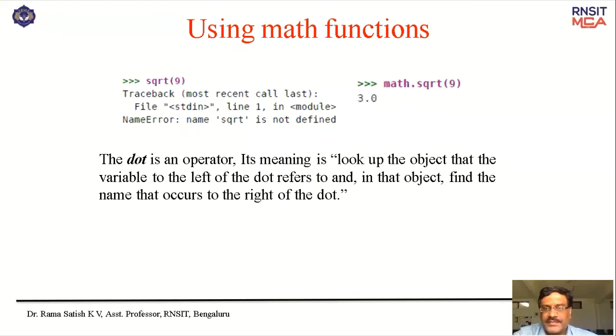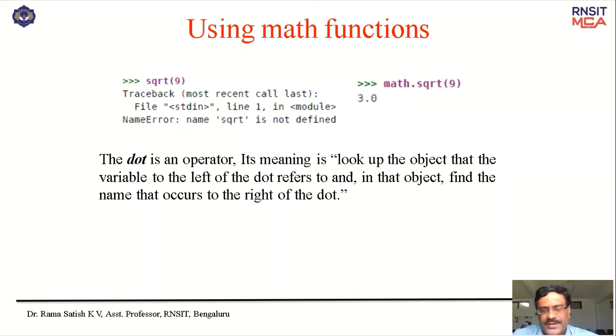It means that it looks up the object that the variable to the left of the dot refers to, and in that object finds the name that occurs to the right of the dot.